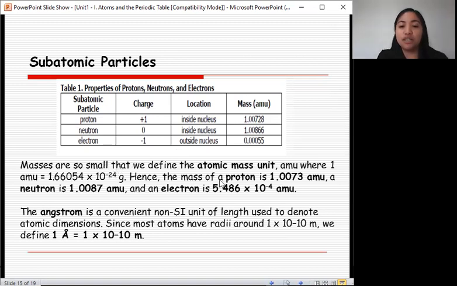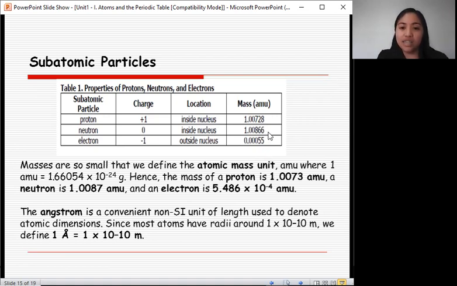So, therefore, ang mass sa proton is 1.0073, ang neutron is 1.0087, and ang electron is 5.486 times 10 to the negative 4, or equal to 0.00055 AMU. So, makita ninyo diri sa table nga ang proton and neutron has greater mass than the electron.